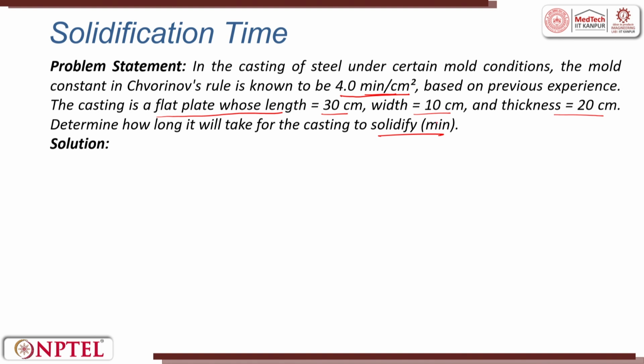It is asked in minutes, that means minutes will stay as minutes here. So we have been given the value of K equal to 4 minutes per centimeter square. Dimension of the casting is length into breadth into height, equal to 30 into 10 into 20, all in centimeter cube.